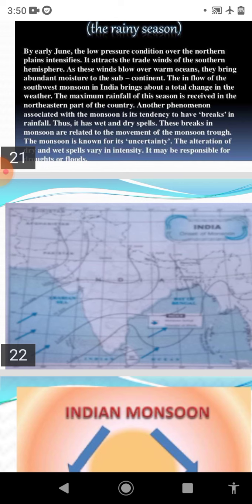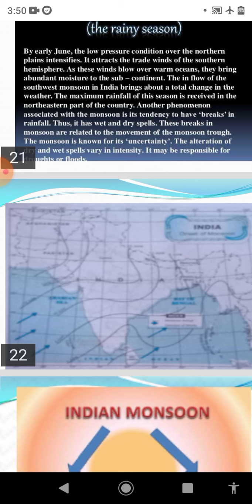After that, we will discuss the breaks in the monsoon. During the rainy season, you might have noticed we don't get rainfall continuously. There is a break. The period for which we don't get any rainfall is known as a dry spell, and the period during which we get rainfall is known as a wet spell.